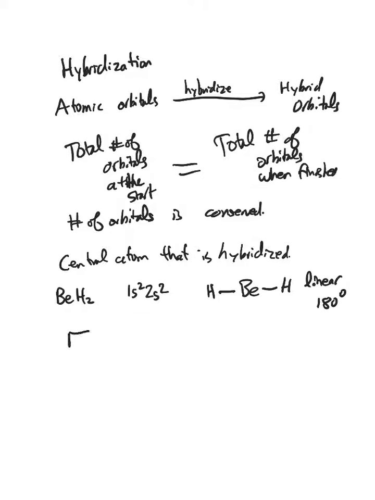And so let's draw a box diagram for beryllium. And so we got this pair of electrons in the 2s orbital. So that's my beryllium in the ground state. So let's give it some energy. Let's promote an electron.